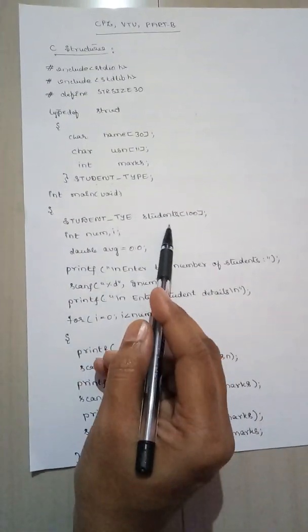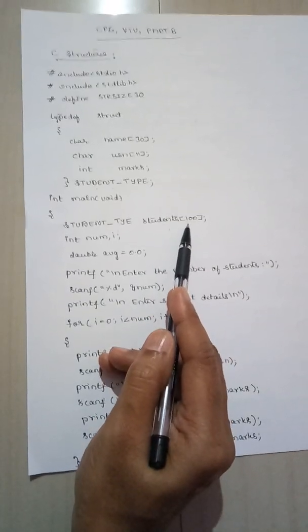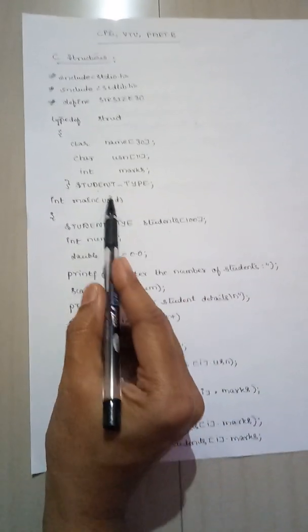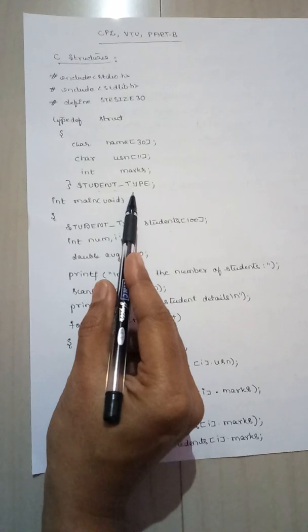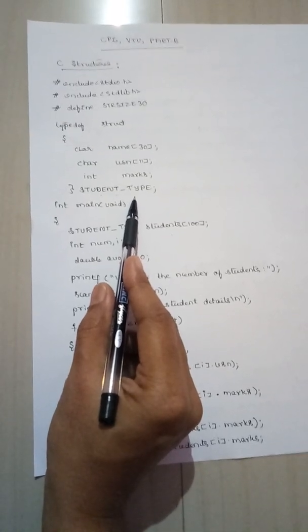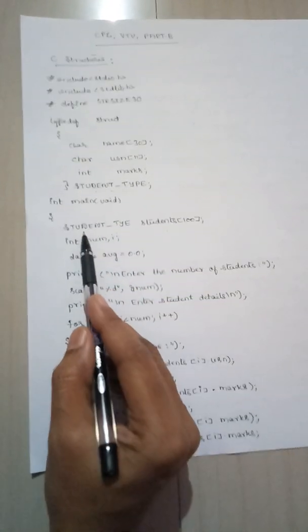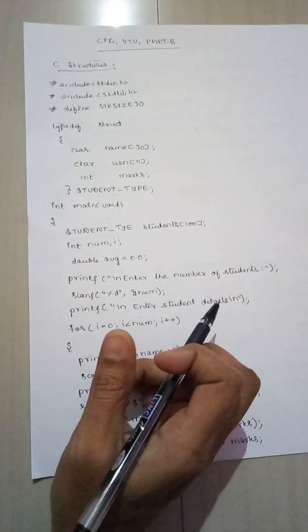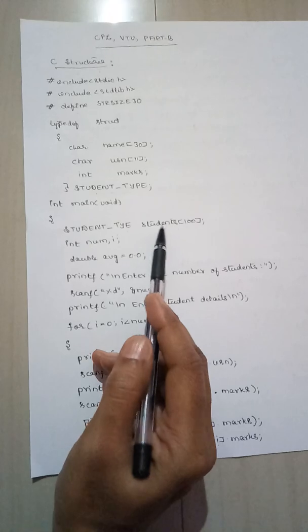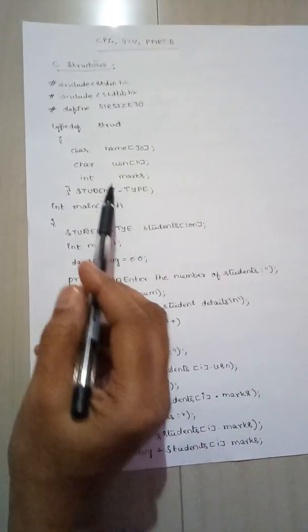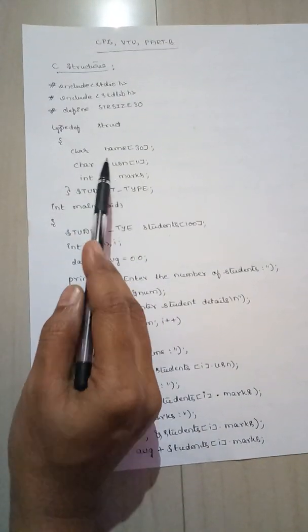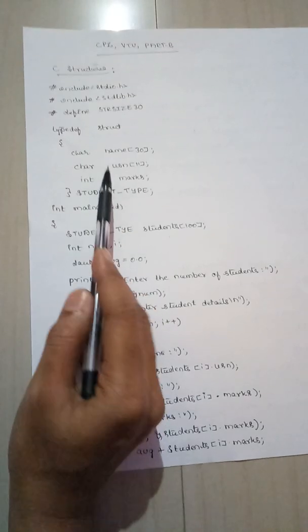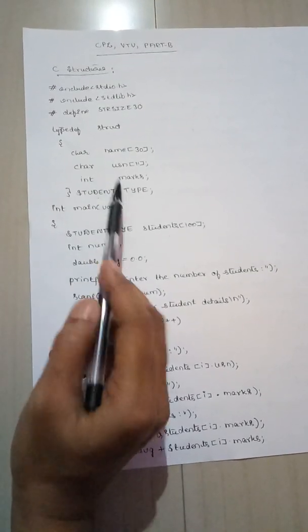Student type students 100, of this type declared here. Student type 100 students we can use below, and these students have different data with these members of the structure, that is, variables.